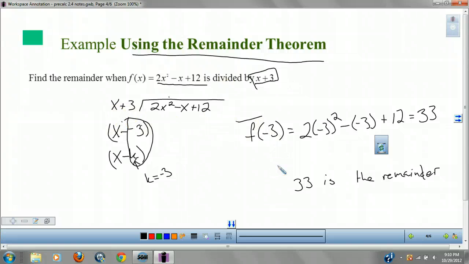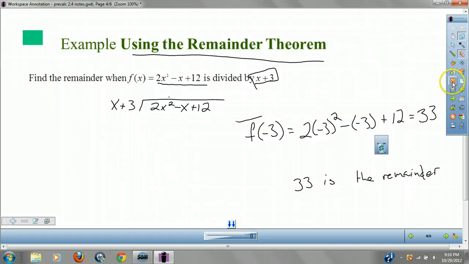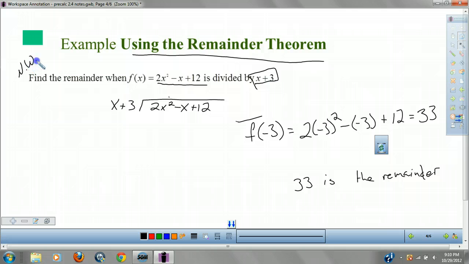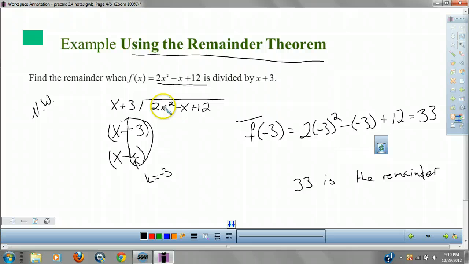Okay? Here we go. Here's what I want to show you guys just for proof. I'm going to go rapid fire through it. And by the way, guys, this part right here, definitely noteworthy. Definitely noteworthy, guys. Okay. Here's my proof why this works. So x plus 3 into 2x squared minus x plus 12.